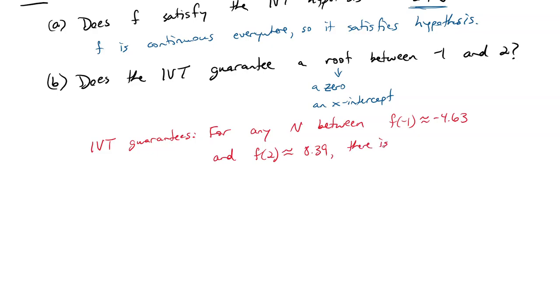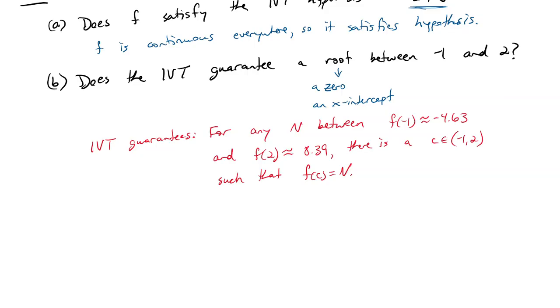There is a c along the x-axis in the open interval from -1 to 2, so c is between -1 and 2, such that f of c equals the n that we chose.